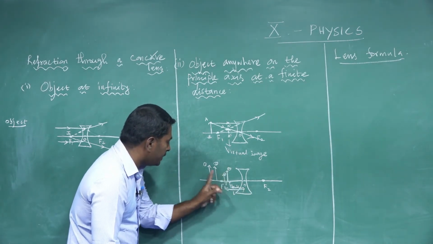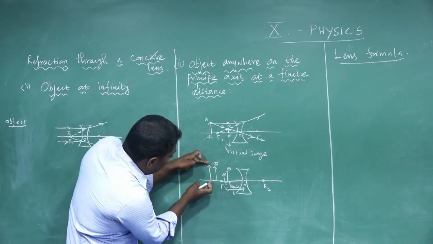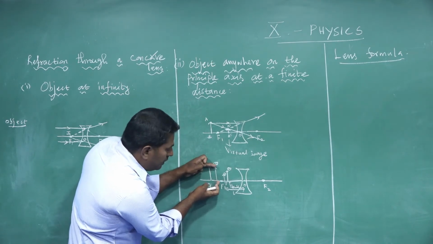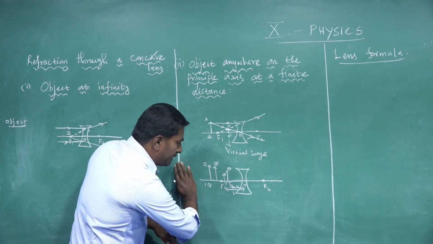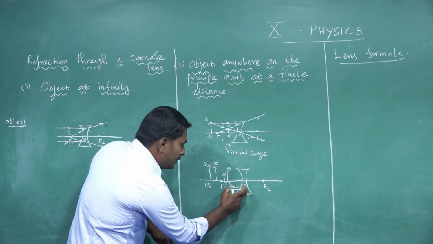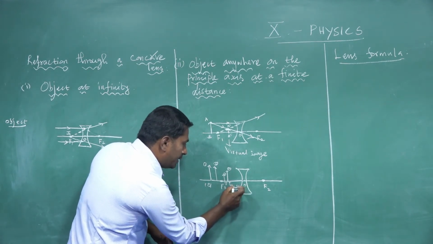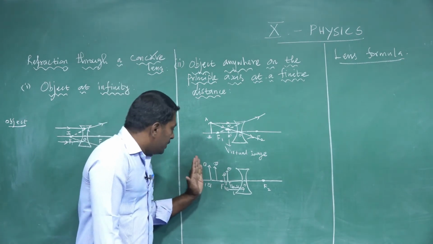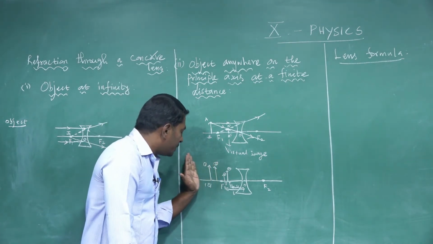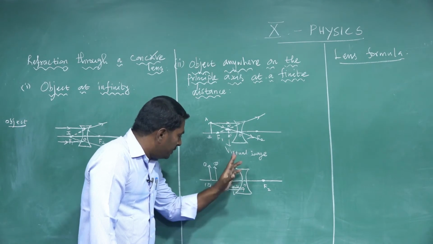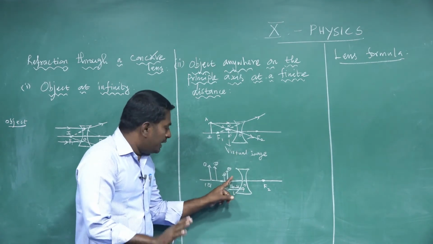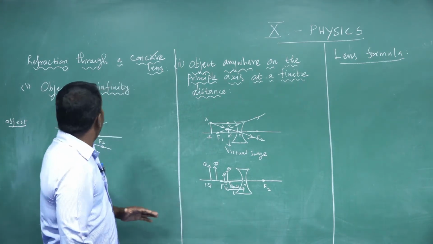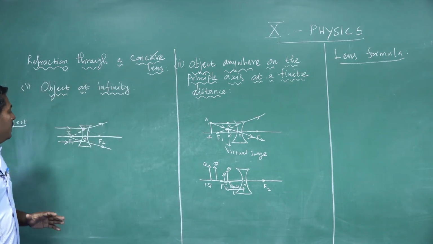In the first case, see the object size, see the image size, but in the second position of the object, see the image size. So as the object comes closer to the concave lens, the image distance decreases, and the image size will increase. In the third position, what happens? The object distance decreased, the image distance also decreased, but keep it in your mind, the image size will increase. So this is the refraction through a concave lens.